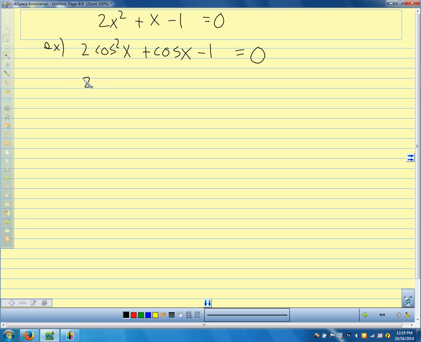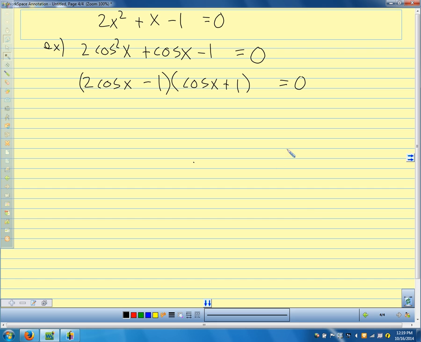So we're going to factor this as 2 cosine x and a cosine x to get the 2 cosine squared. And I need a 1 and a 1 here to get a negative 1, right? So what are we going to do? Plus 1, minus 1, is that right? Yeah. No? This gives me a negative 2 cosine x plus 1, so that would give me a negative cosine x. So I need to do it the other way around.